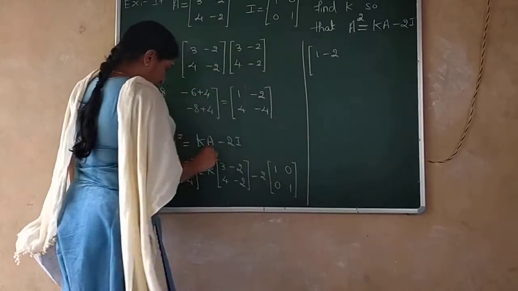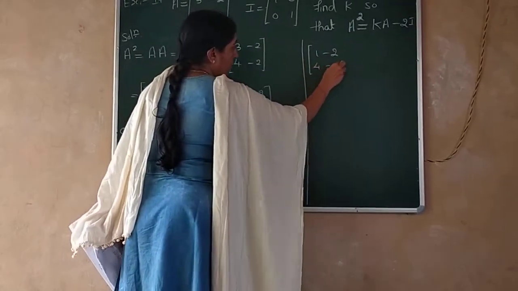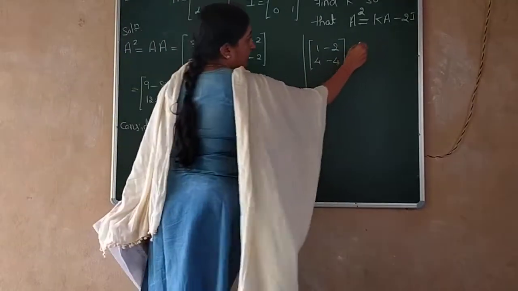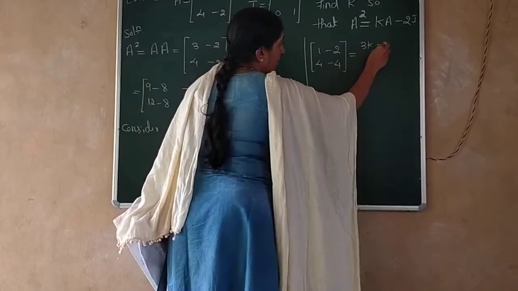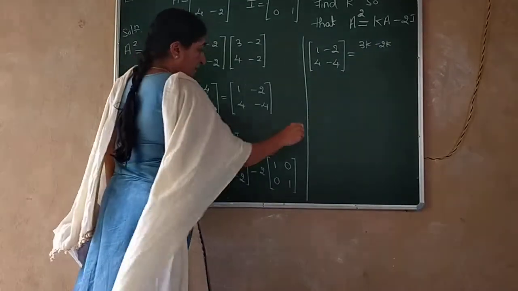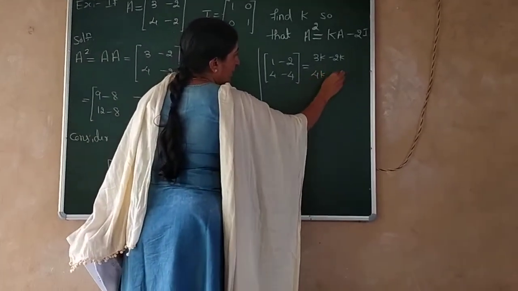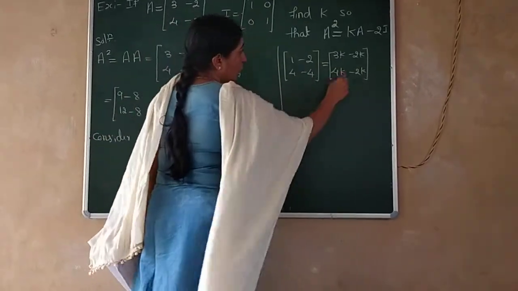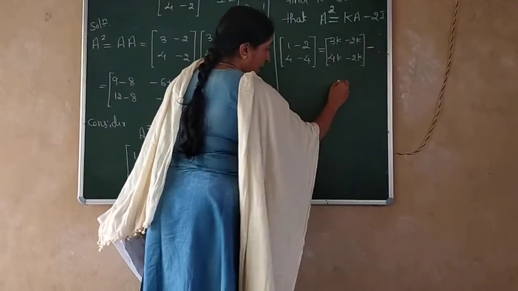1 minus 2, 4 minus 4. And on the right side, take K inside: 3K minus 2K, 4K minus 2K. After that, take 2 inside. Minus, here no place, so I am writing here.